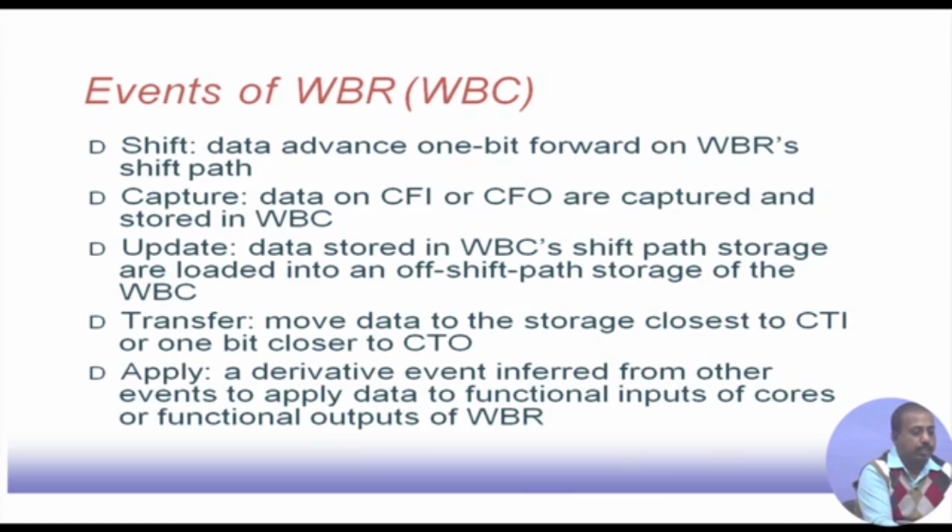So the cell test input and cell test output advance by 1 position. Apply is a derivative event inferred from other events to apply data to functional inputs of cores or functional outputs of WBR. As I was telling, some instruction we have to load onto IR, and then we have to say apply, and apply will do that operation. So, this is basically a combination of a number of operations.